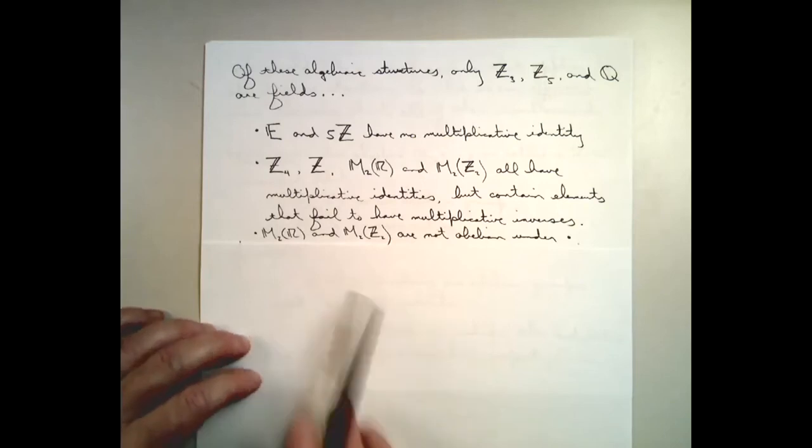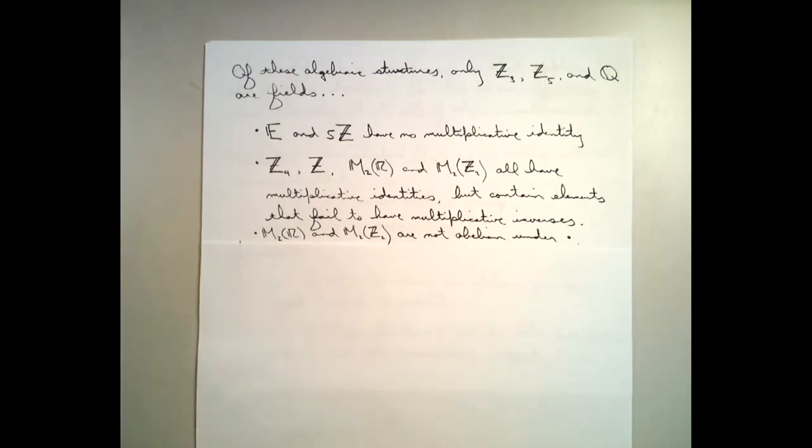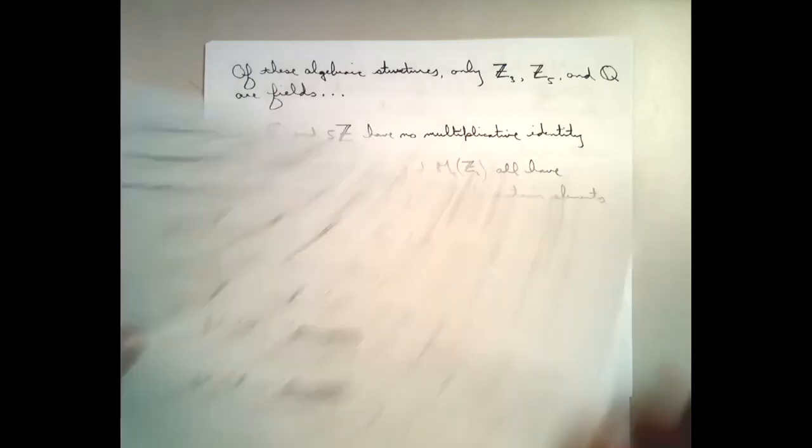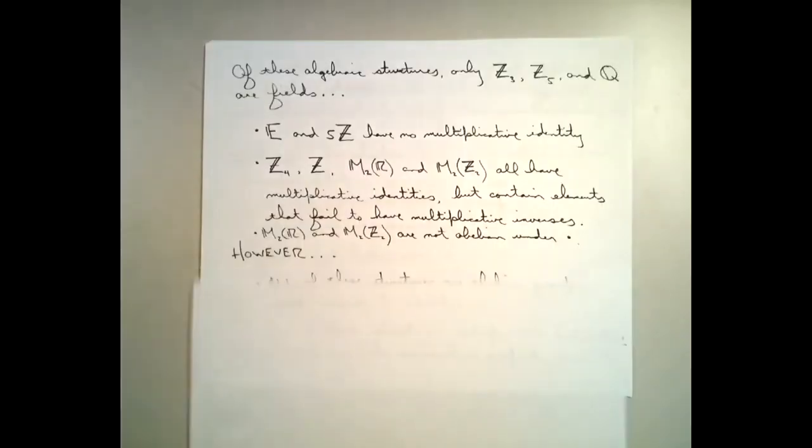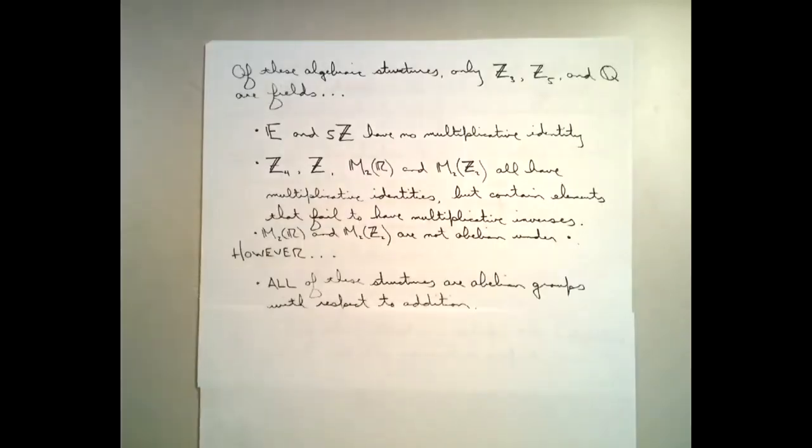So there are plenty of reasons for these other structures, the ones other than Z3, Z5, and Q, to fail to be fields. However, it does happen to be true that every one of these structures, every one of the structures that you looked at, here they are again, are abelian groups with respect to addition. Every one of them.